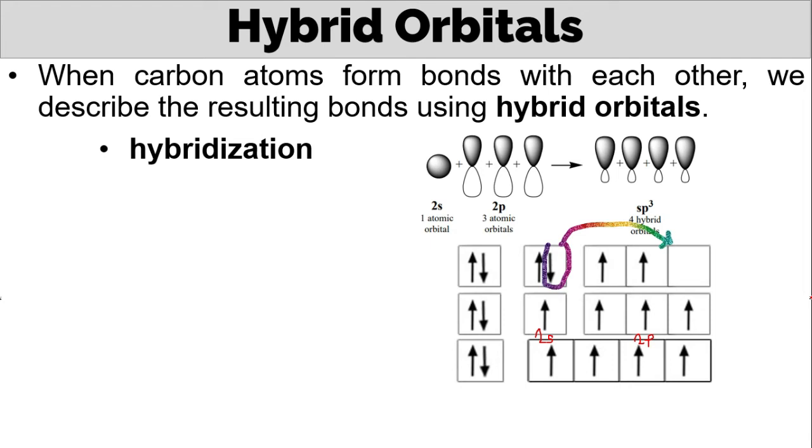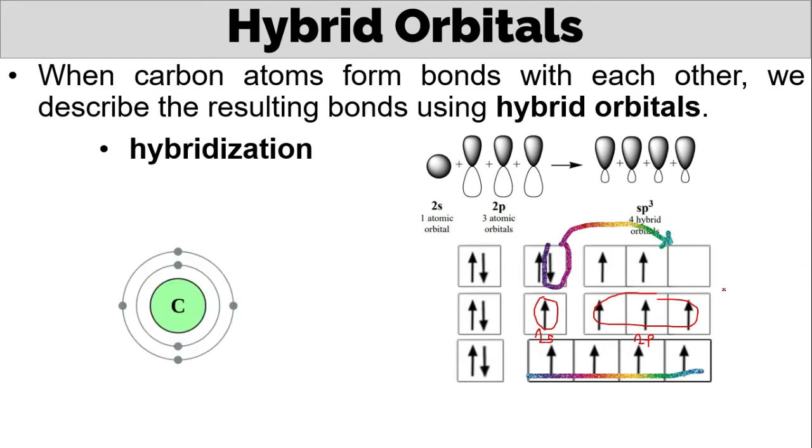So these four, again, are called carbon sp3 hybrid orbitals. So why sp3 hybrid? Hybrid means mix, and this s orbital mixed with these three p orbitals. That's why we have sp3. On a shallower level, it's like this. This is a carbon atom with its four valence electrons, or the sp3 orbitals.